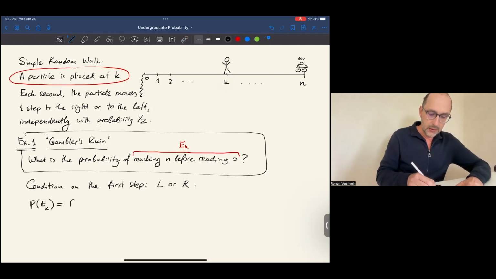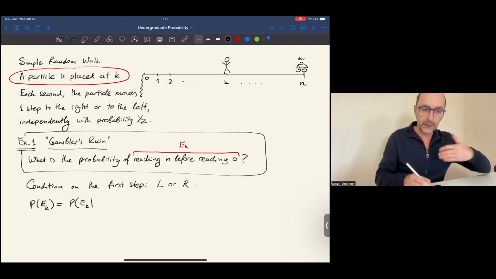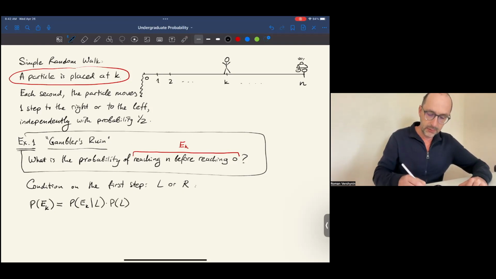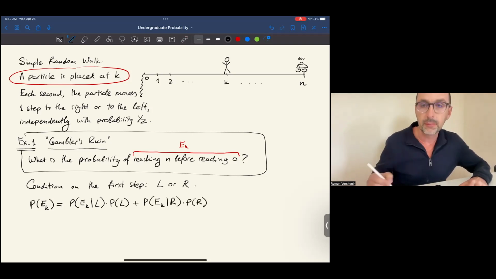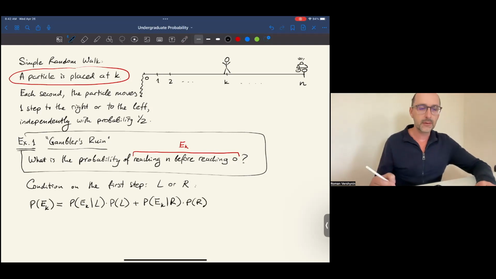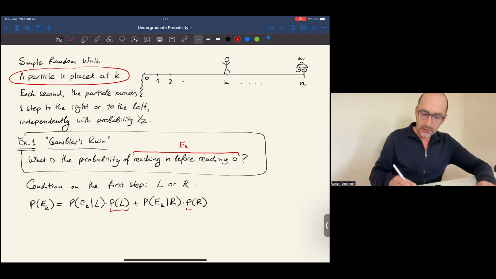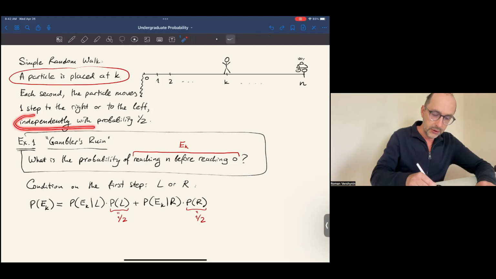Probability of E_k is the conditional probability given that the first step is to the left, times the probability that the first step is to the left, plus the conditional probability given that the first step is to the right, times the probability that the first step is to the right. These probabilities are both 1/2, according to the rules.